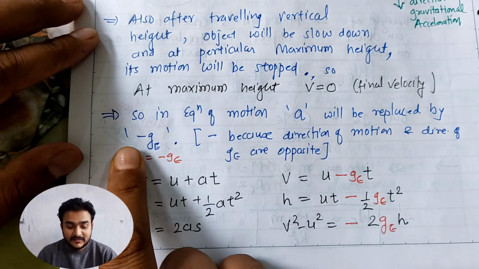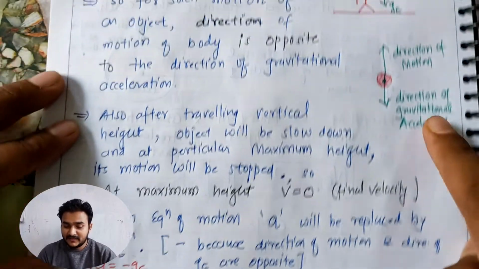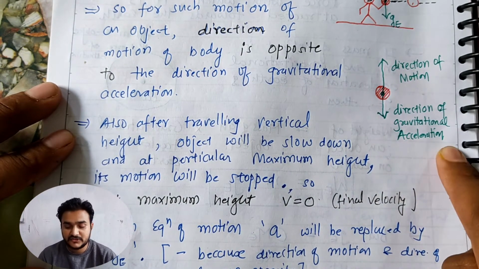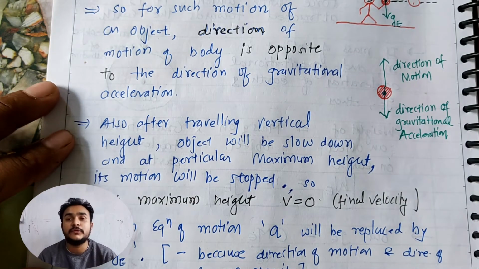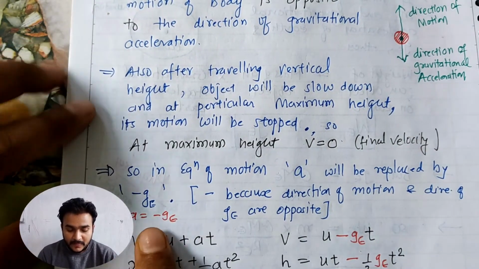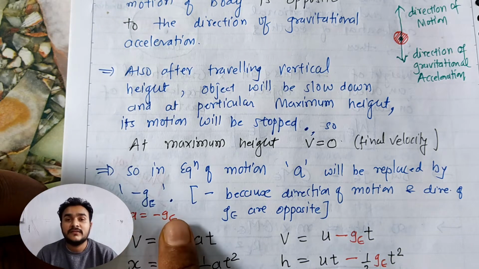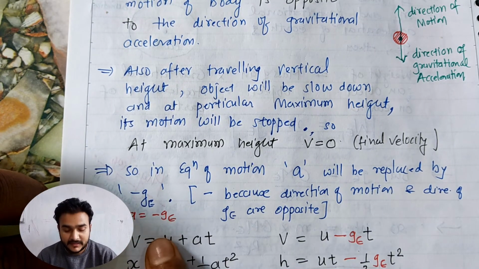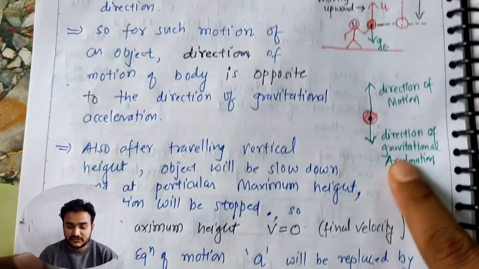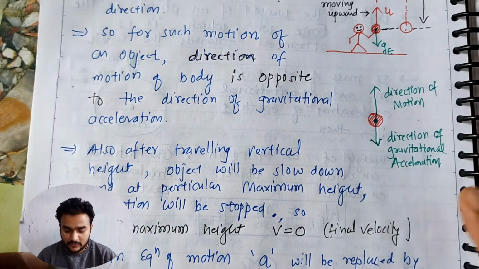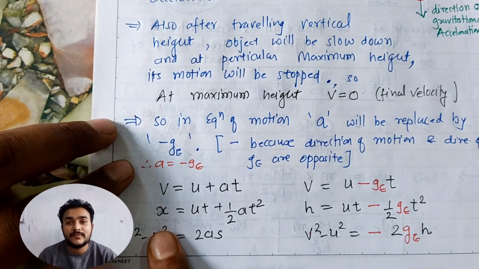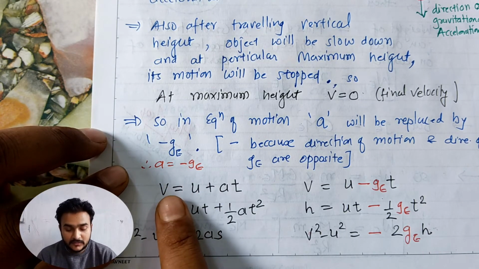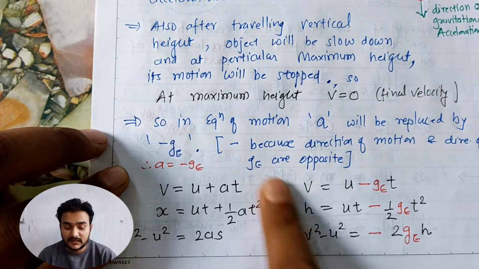The negative sign shows that the direction of motion and the direction of gravitational acceleration are opposite to each other. So we have to take the value of g as negative because of this opposite nature of the direction of the gravitational acceleration and the direction of motion.